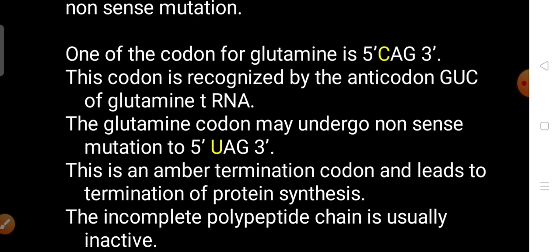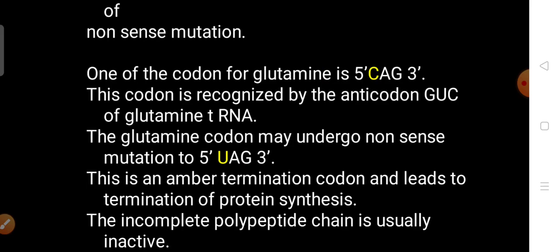The polypeptide chain synthesis abruptly stops. The incomplete polypeptide chain formed is usually inactive. Got it? CAG is converted into UAG, and because UAG is a termination codon, protein synthesis will stop and the incomplete protein formed is inactive.